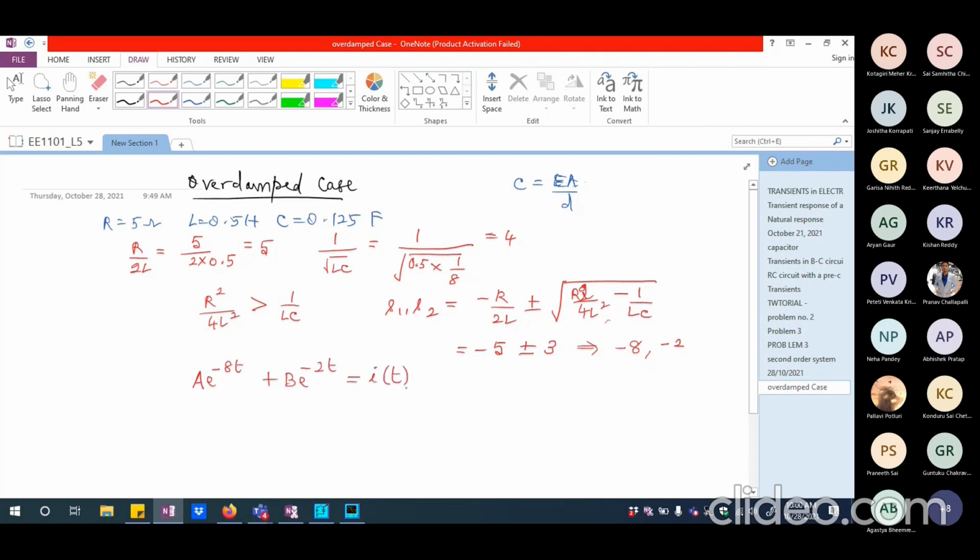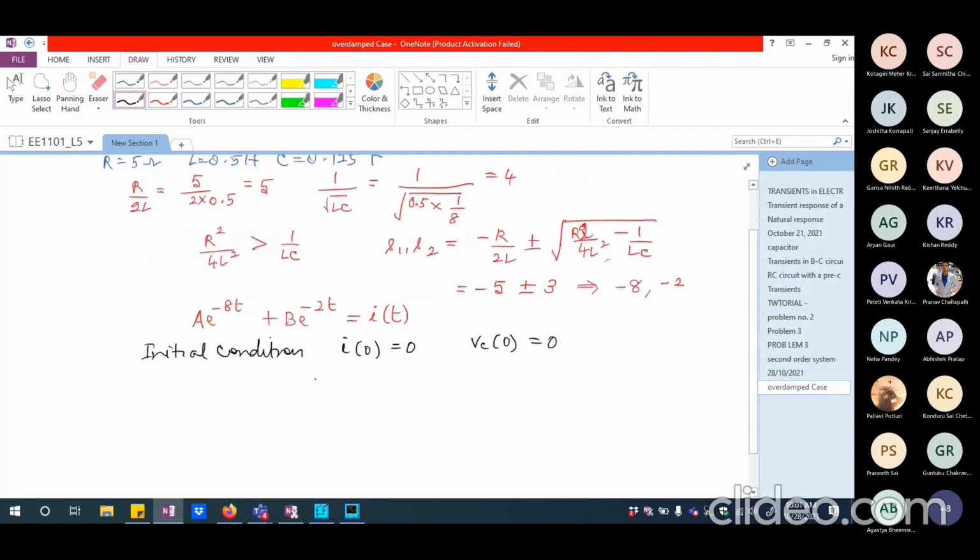Is this clear? Any questions on this? No, ma'am. Okay. So if we say that the initial condition, I will assume I of 0 is 0. And let me say VC, capacitance voltage, is also 0. I have not taken any initial condition for capacitance voltage as well as inductance current.